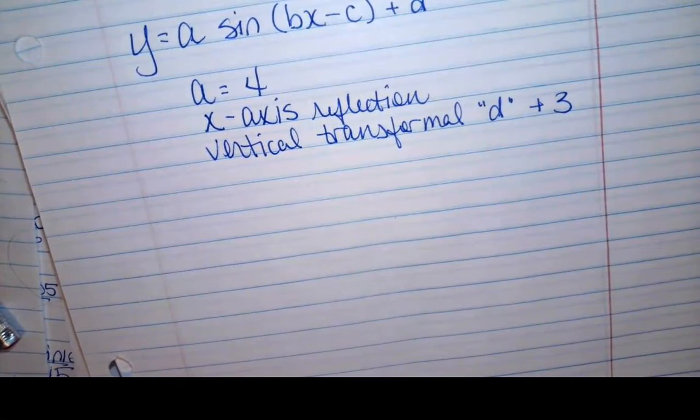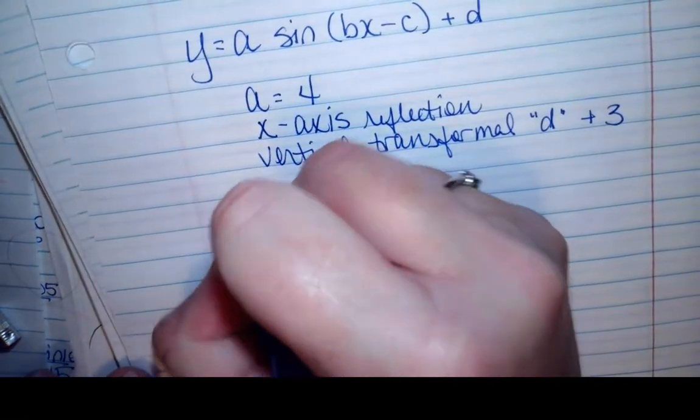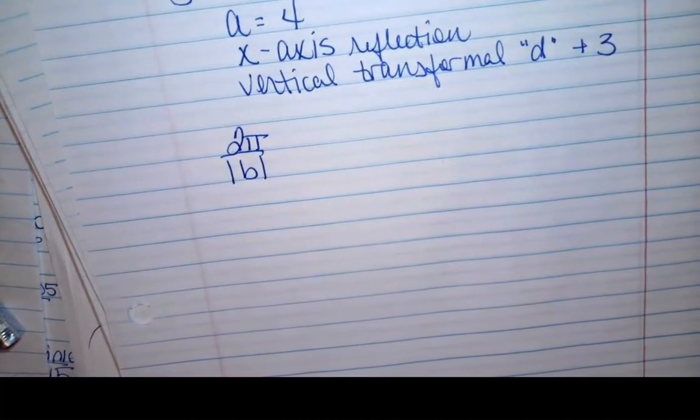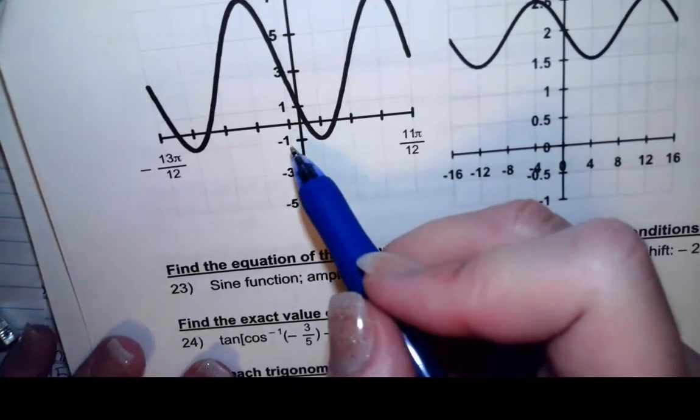Okay, so the slightly more difficult part is going to be deciding what the period of the function is, and deciding what the phase shift is. Okay, so let's do the period of the function first. The period of the function is going to be defined by 2 pi over the absolute value of b. So I've got to figure out when this thing starts repeating itself.